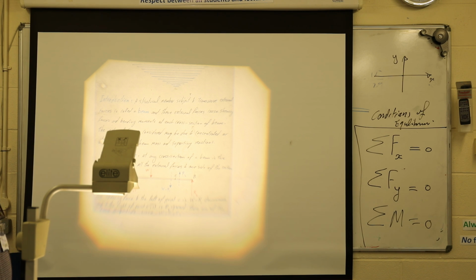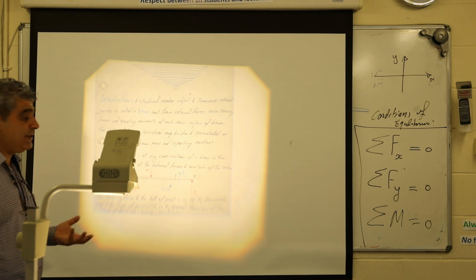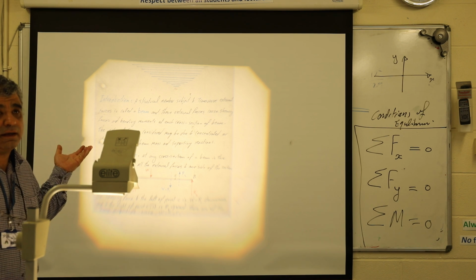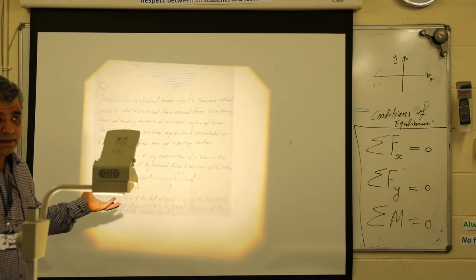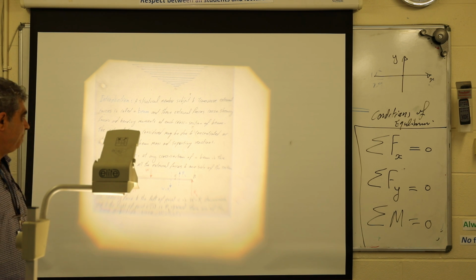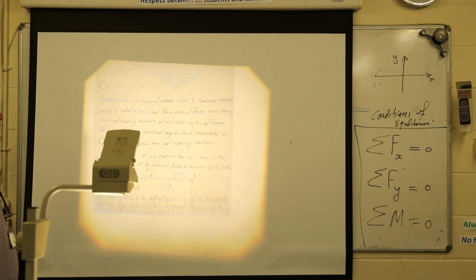That's obvious. The external force considered may be due to concentrated or distributed loads. Beam mass and supporting reactions would be included as well.